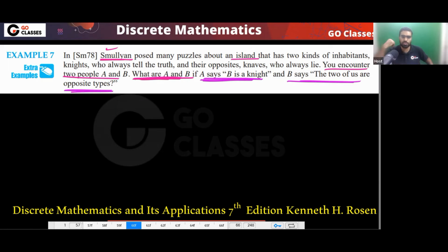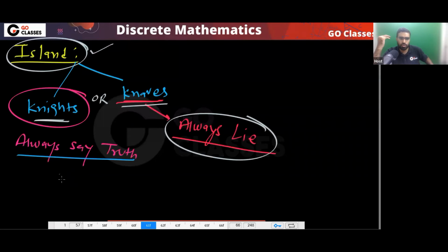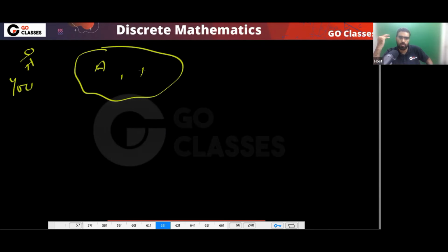Okay, so let's solve this question. What is the question saying? See, you go to this island and you meet two people, A, B. Now you need to find whether A is knight or knave, B is knight or knave.